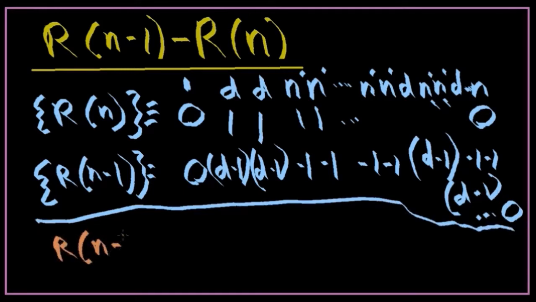And so the difference is always going to be -1 for the non-divisors and d minus 1 for the divisors.